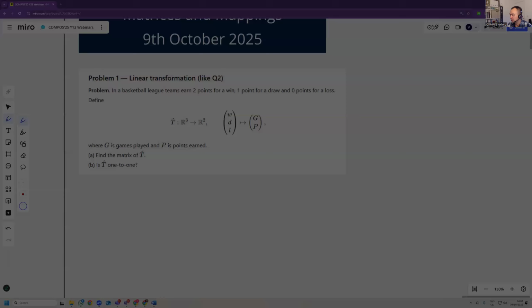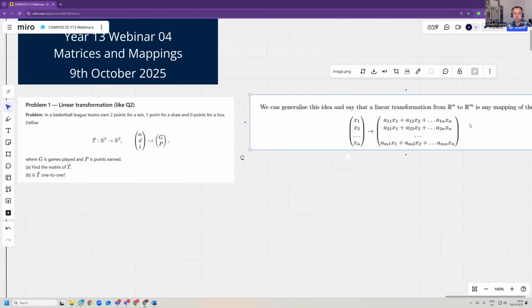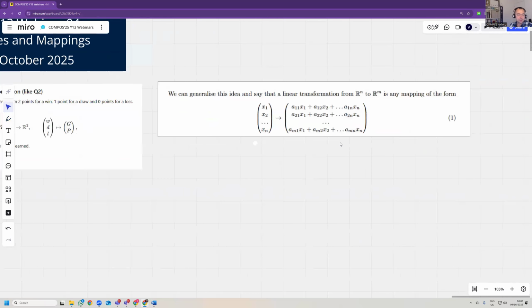Right. So a linear transformation looks like this. It transforms a vector into another vector, and it is done via a matrix.